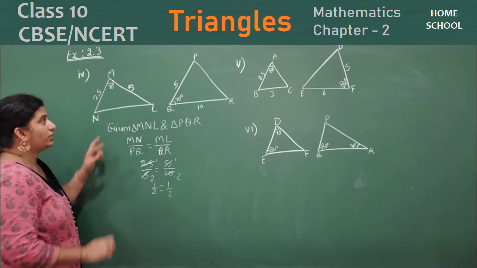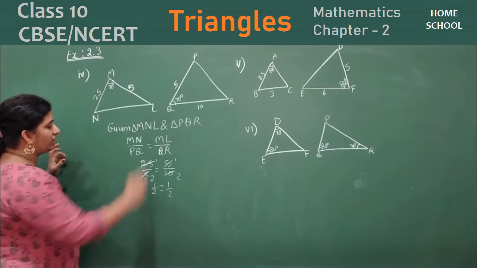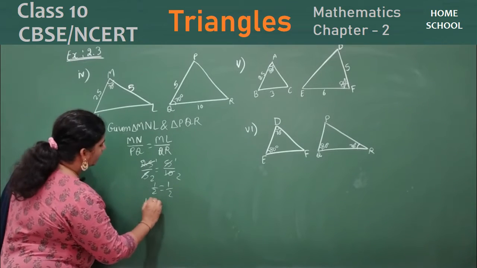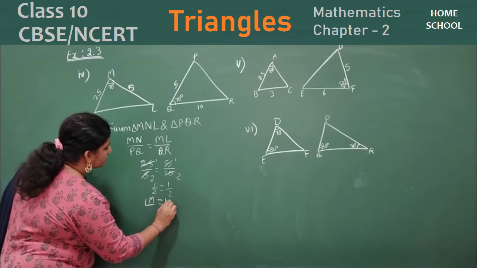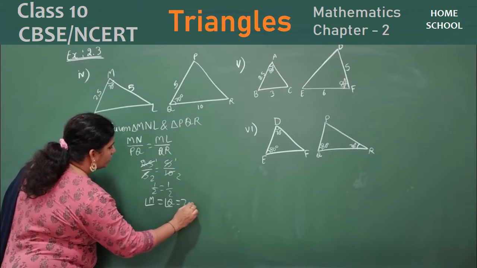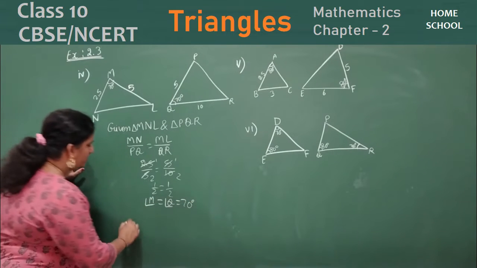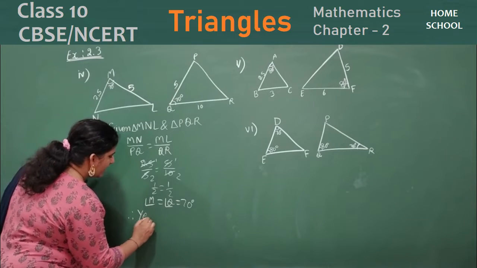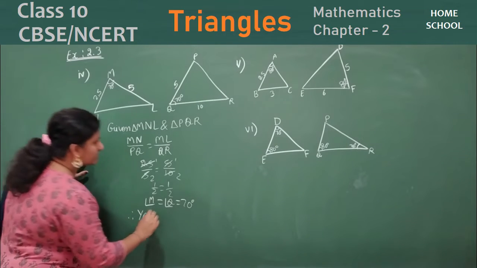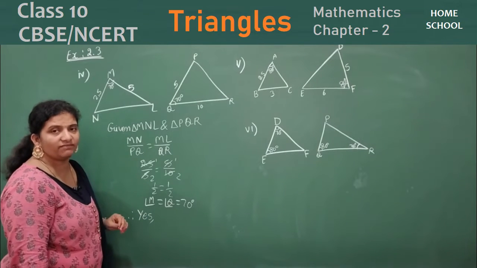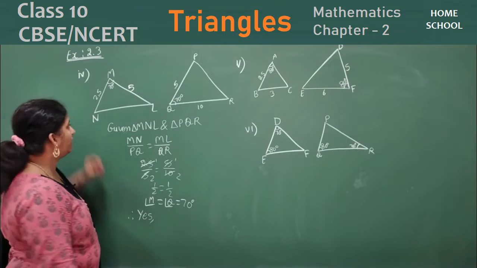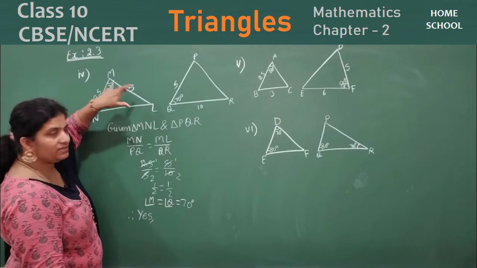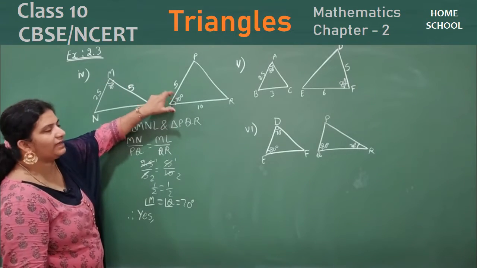So the two sides are in proportion and their included angle M is equal to angle Q, which is 70 degrees. Therefore, yes, by which similarity criteria, children? Side, angle, side.